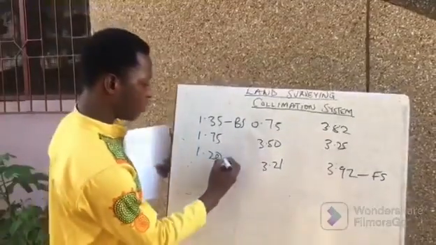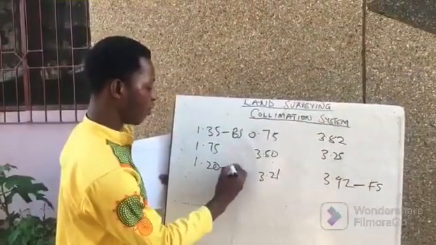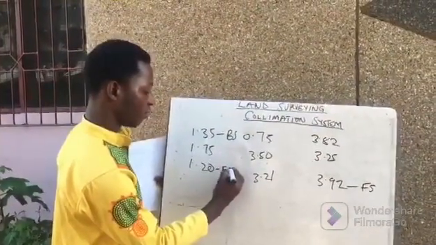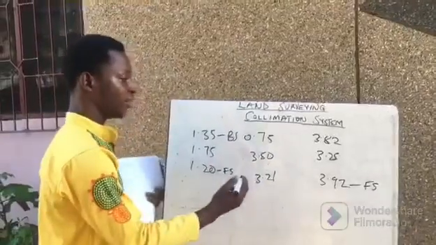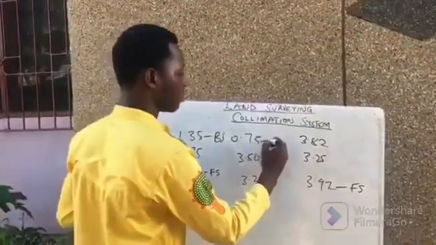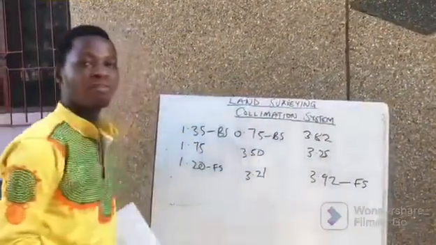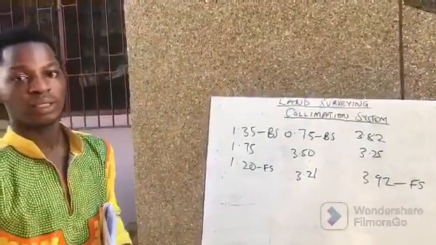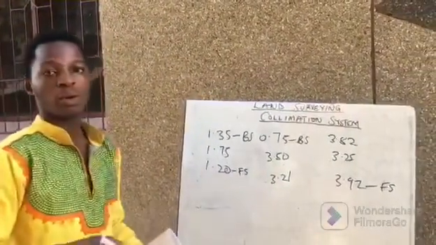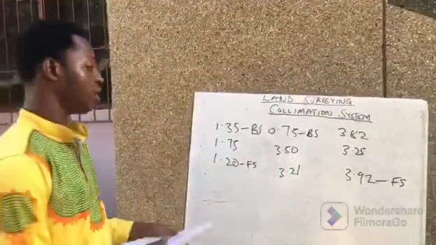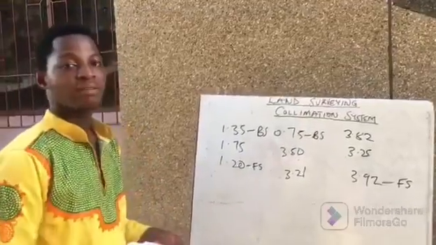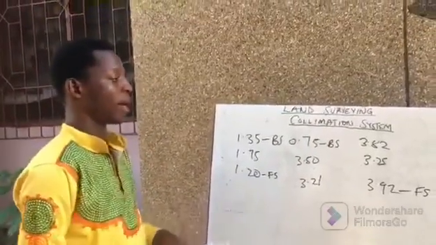So the third reading will be your foresight, and the next reading will be your backside. Whenever there is a change of instrument, the value where it was changed will be your foresight, and the next value will be your backside.